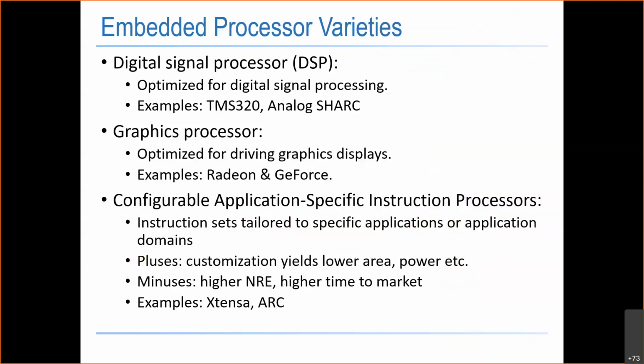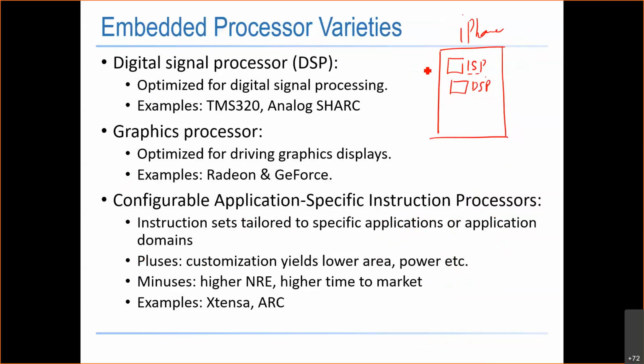For some applications where the target is real-time signal processing, you may want to go for a DSP processor. You'll find this DSP processor in your phone a lot. So you may have an iPhone, for example. Inside the iPhone, you'll find, let's say, an ISP, image signal processor, or you may find a DSP, digital signal processor.